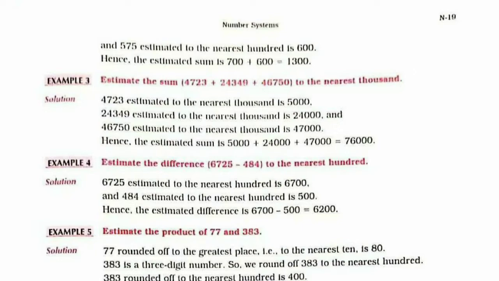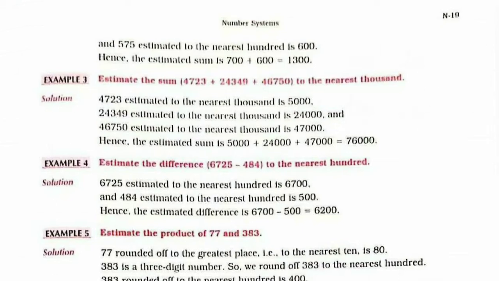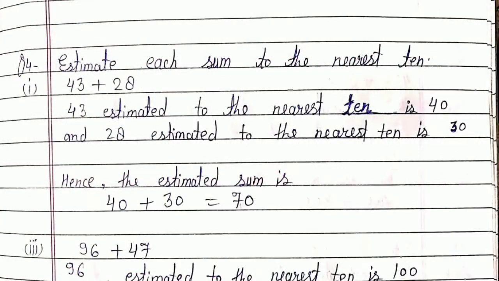Now let us solve the exercise question. Question number 4. Estimate each sum to the nearest 10. Part 1. 43 plus 28. 43 estimated to the nearest 10, that is 40, because here in ones place 3 is given which is less than 5. So we will not add any number in the rounding place.